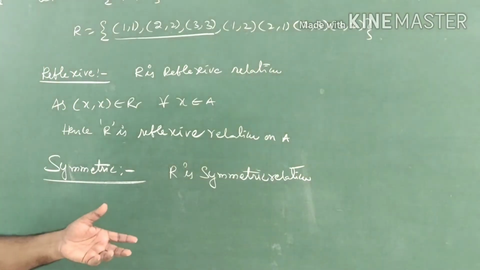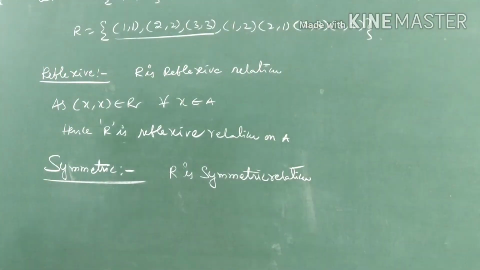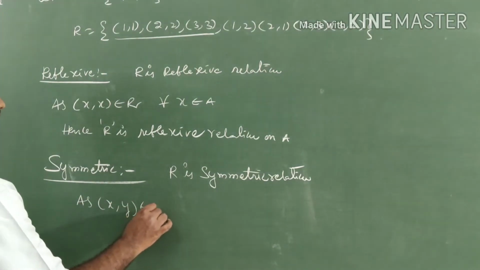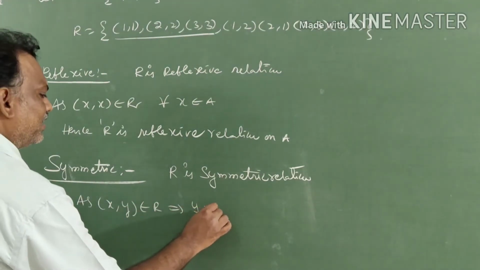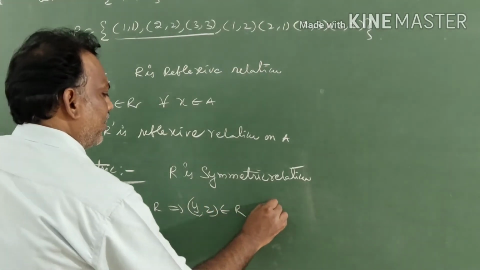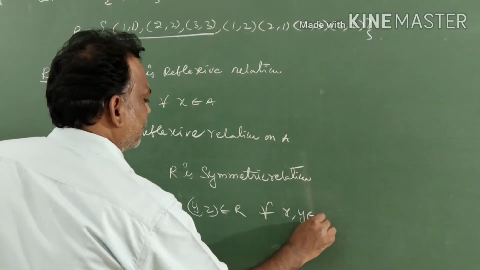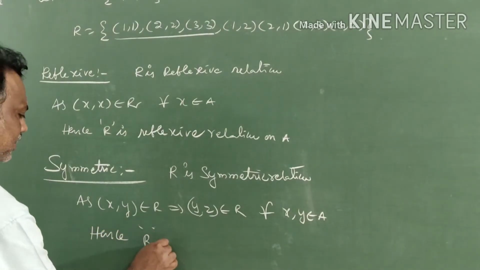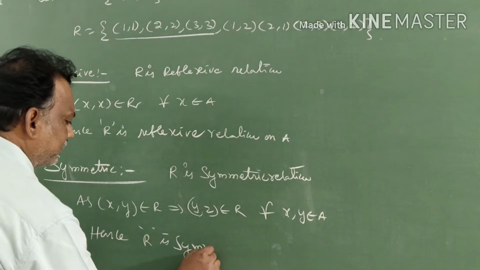If it is satisfied, we need not give an example; write the definition: (x, y) belongs to R implies (y, x) belongs to R for all x, y belongs to set A. Hence R is a symmetric relation.